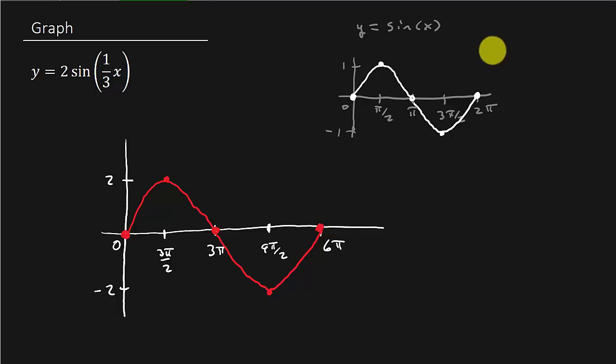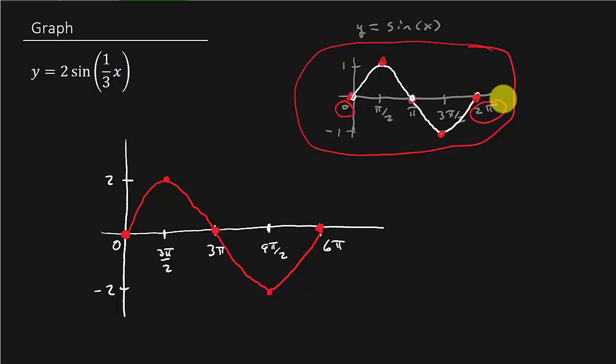Just remember, to me, this is the main thing you have to remember right here. For sine: 0, max, 0, min, 0. And the important thing here is you get your period. So you're graphing from 0 to 2 pi here, and then you've got to split it up into 4 equal intervals.